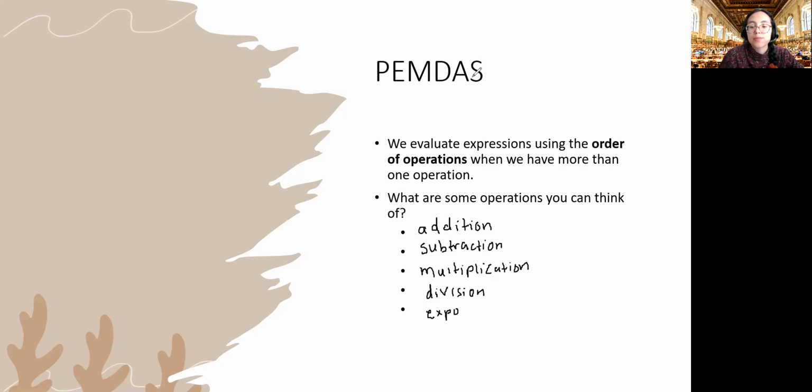Let's call them powers, but let's call them exponents, because we do have the P and it equals, it means parentheses. So we're going to know what each of these means in the next slide. But I just wanted you to start thinking of some operations that you've already encountered in your mathematical academic journey. So let's go ahead and go on to the next slide.